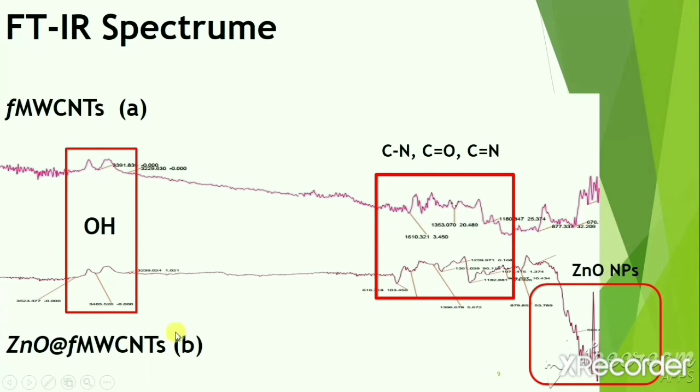Now, if you see the second spectrum, the zinc oxide nanoparticles functionalized with carbon nanotubes, and compare it with the first one, you can see that almost the same peaks are present here. The only difference between both of them is this vibration around 500. This vibration is due to the zinc oxide nanoparticles. So we can say that we have successfully doped the zinc oxide nanoparticles on the surface of the carbon nanotubes.